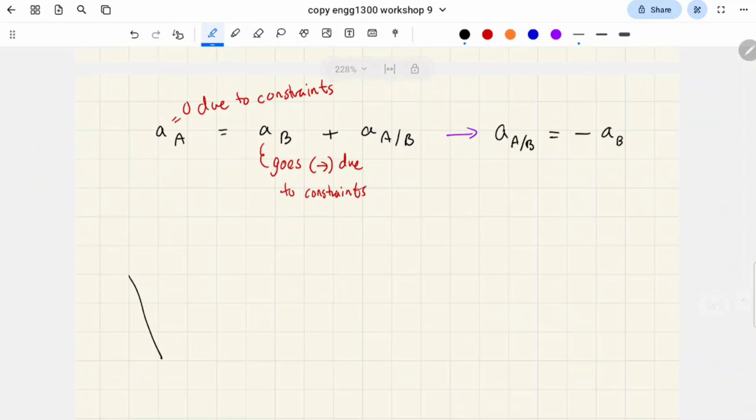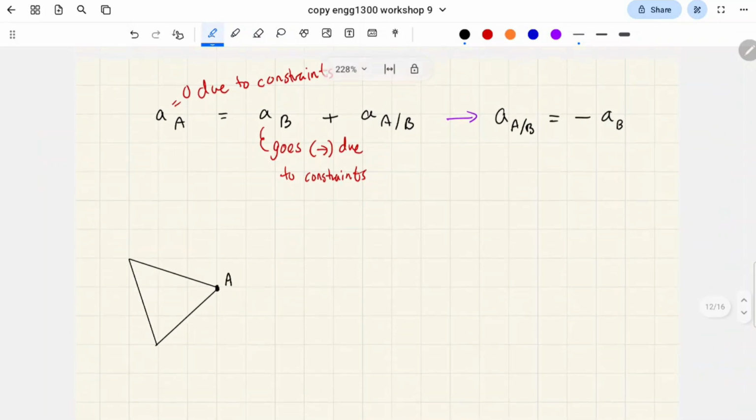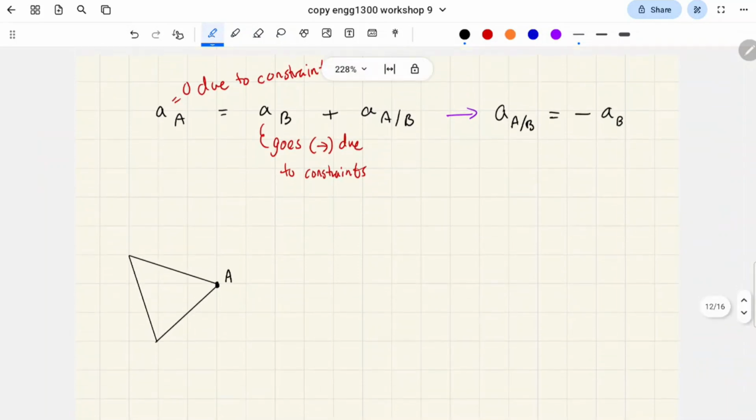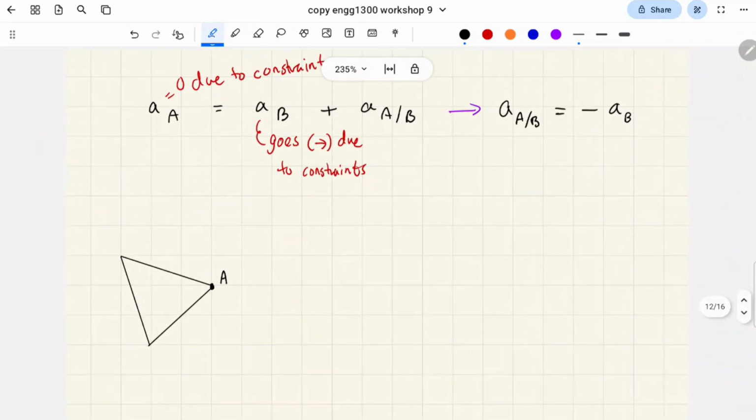Let's draw out a triangle, right? And this was point A on our triangle, right? Essentially, it's going to look like this.